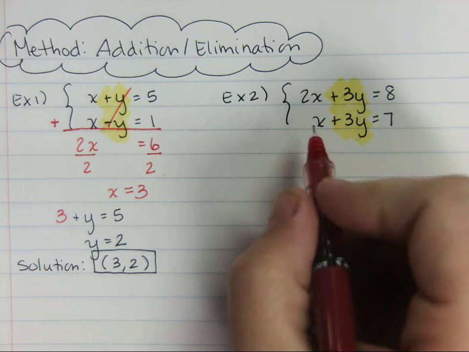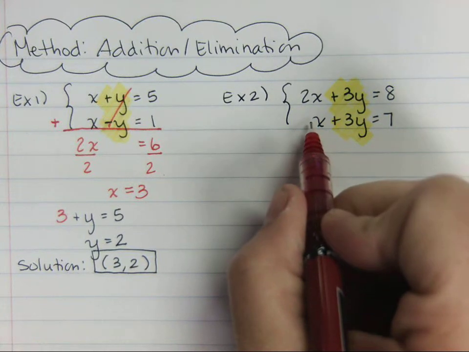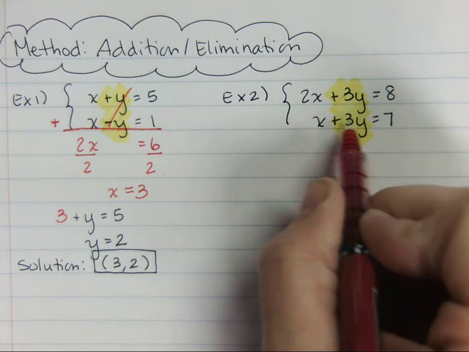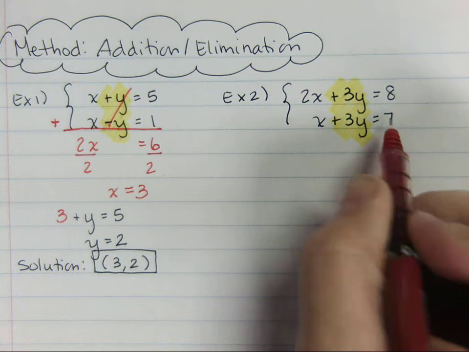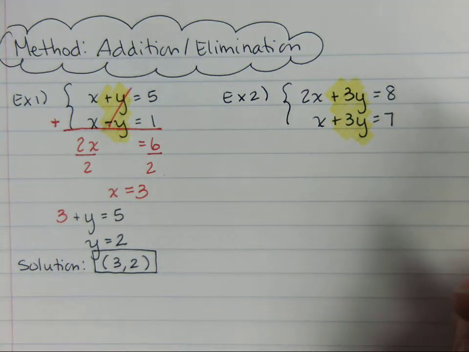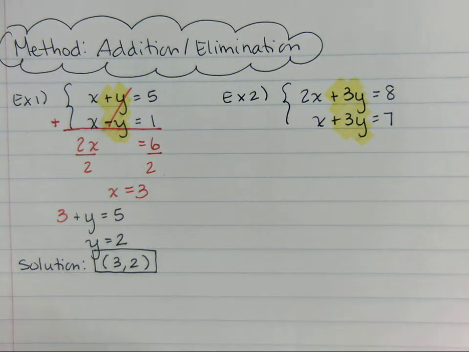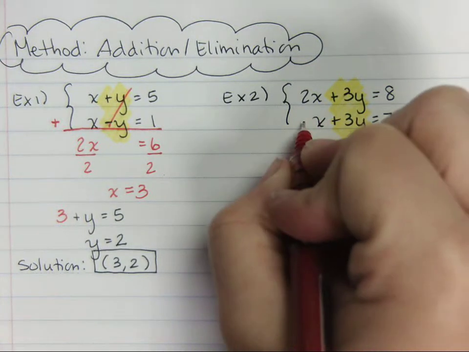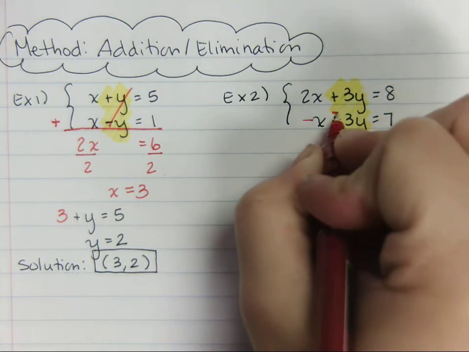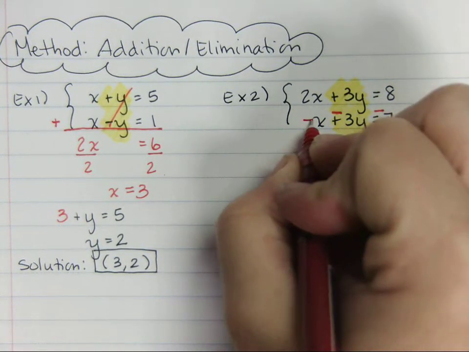I can either think of multiplying every single one of these terms by a -1, or I can think to subtract, because that's the same as adding a negative. So I'm just going to change the sign on every single one of these terms.